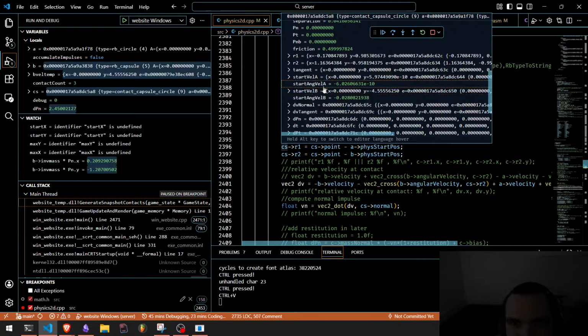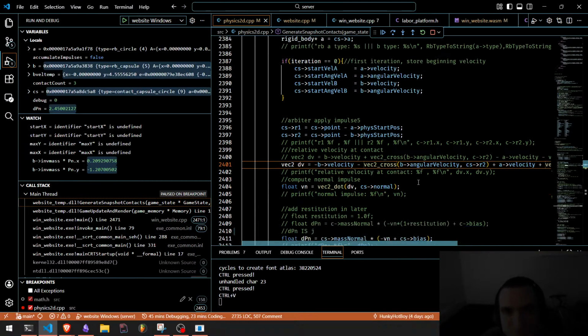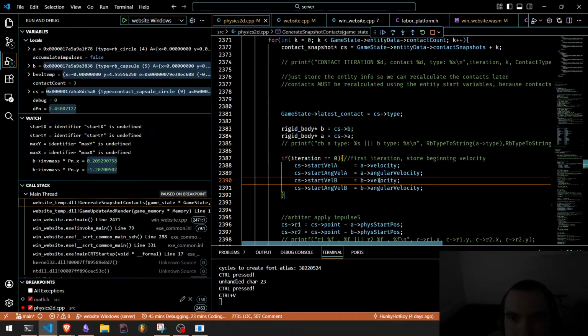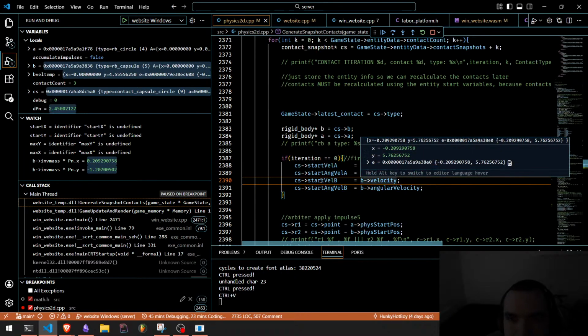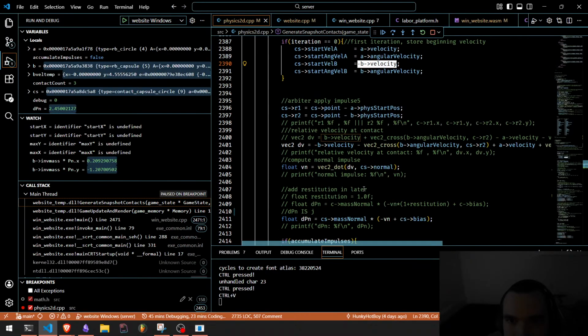Start velocity, yeah, so we can see the starting velocity right here is clearly negative 4.55. Starting velocity, yeah, we store it right there. What the hell? Where could that change?